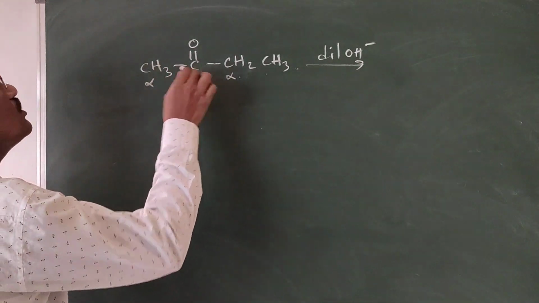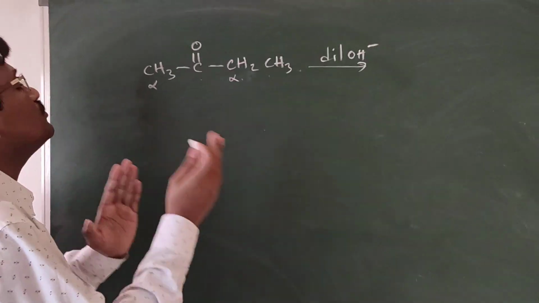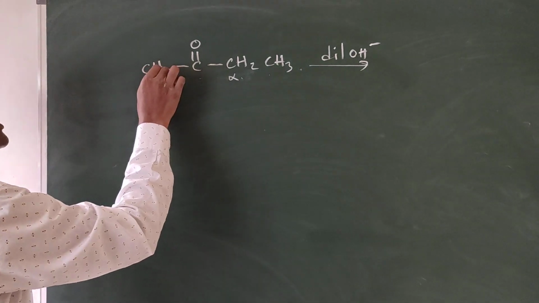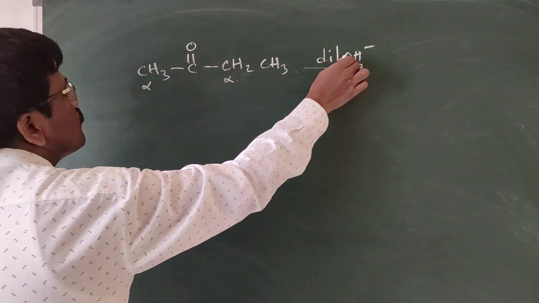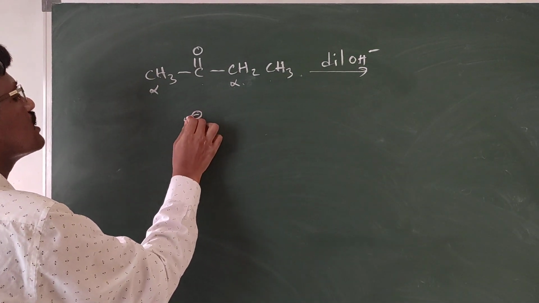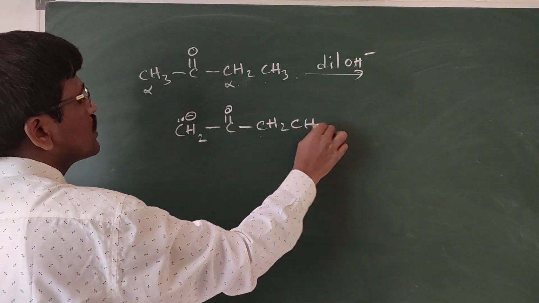So this ketone can form two types of enolate ion. The base can abstract the proton from either this carbon or this carbon. If the base abstracts the proton from this carbon, we get the enolate ion like this: CH2 minus, C double bond O, CH2 CH3.